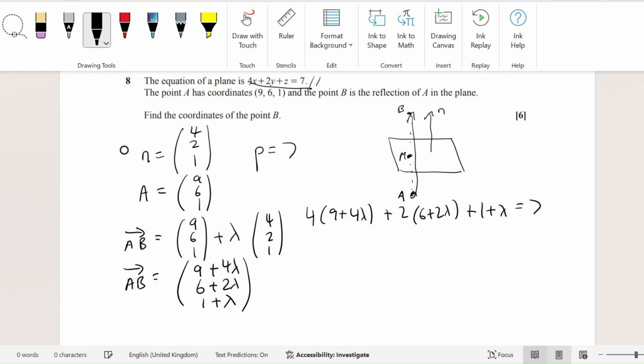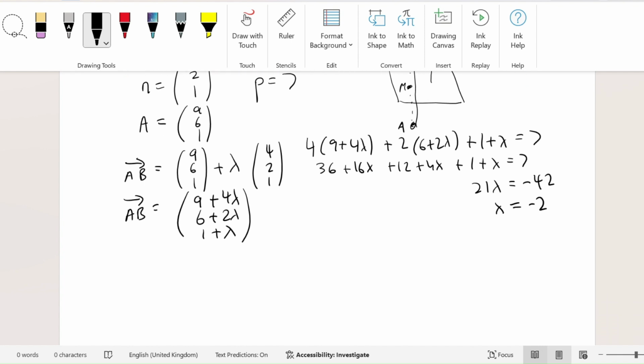If we expand and rearrange, we get 36 plus 16 lambda, plus 12 plus 4 lambda, plus 1 plus lambda equals 7. That gives us 21 lambda equals 7 minus 1 is 6, 6 minus 12 is minus 6, and that gives us minus 42. So we know lambda equals minus 2. That's a pretty nice number, so I think that's a good sign.